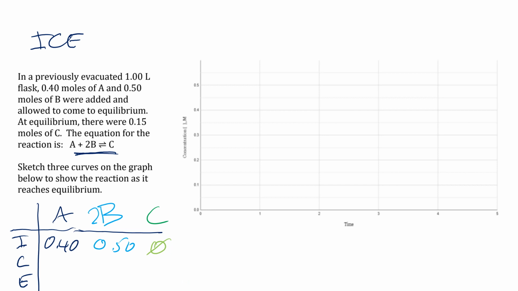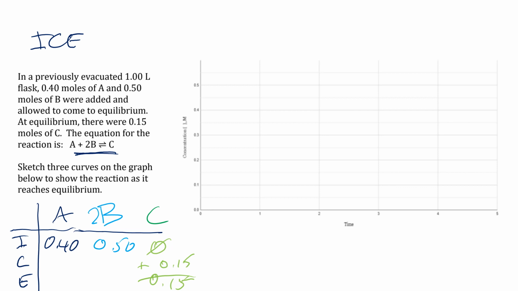In order to figure out where we're at equilibrium, we have to figure out how much our reactants and products are changing. According to this, to change from the initial to the equilibrium, the C increased by 0.15.